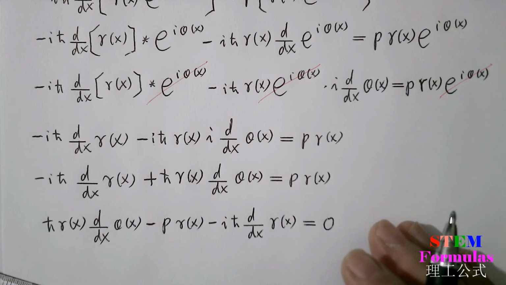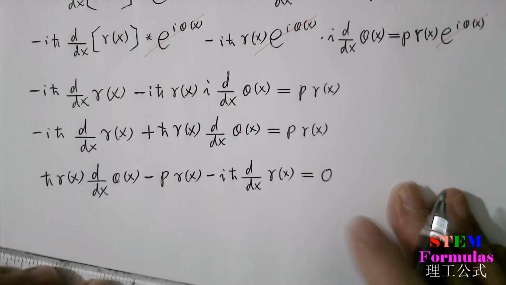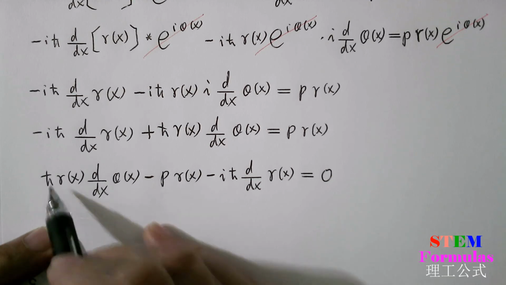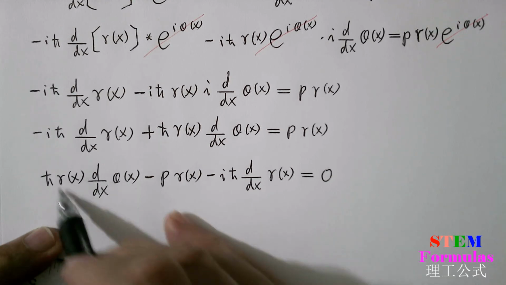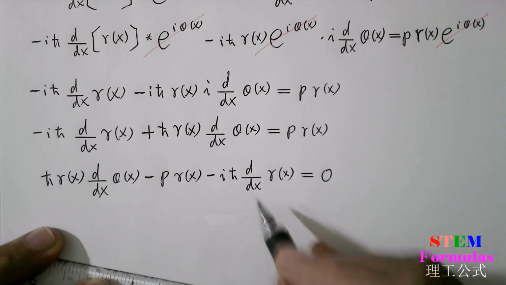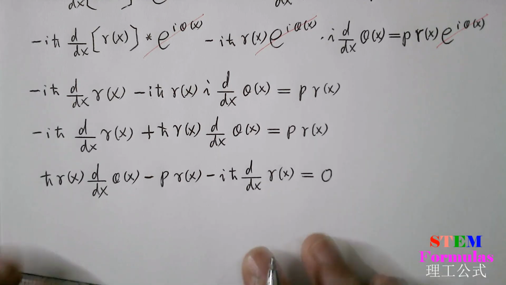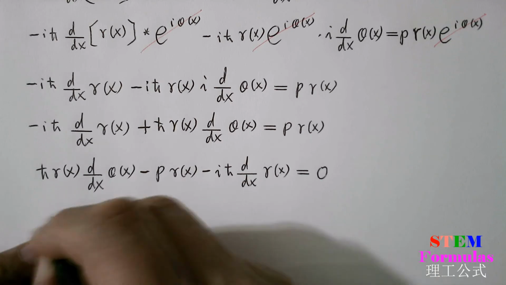Now, the first two terms are only the real part, and this one is the imaginary part. So I have two equations.